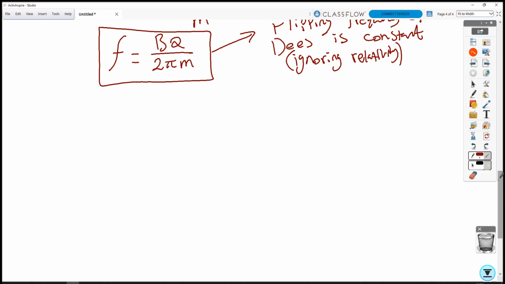No. Because the electron moves faster, but its radius also increases. So its angular frequency is not changing. It's still completing 360 degrees of a rotation in the same amount of time.